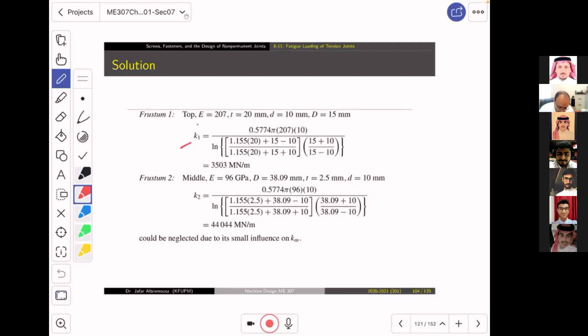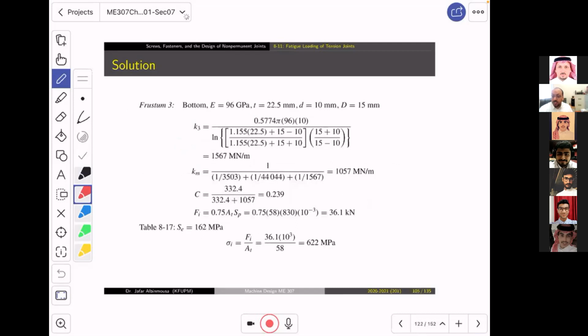Look, this is E, T, D, capital D. And then you find K2. This is E, D capital, small t, and D. This is a very nice way of writing, especially when you do it for an exam or a quiz. It makes it so easy for us and for you to understand. And we find K3.